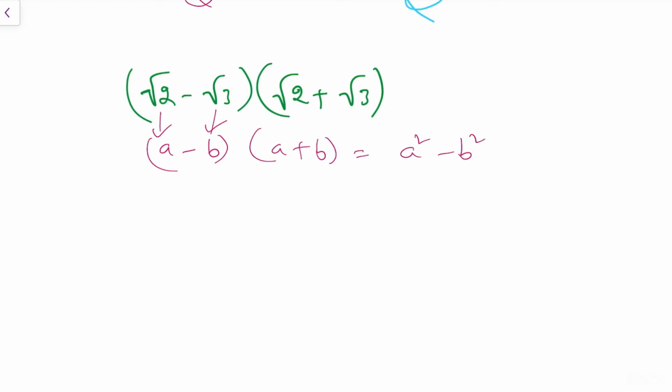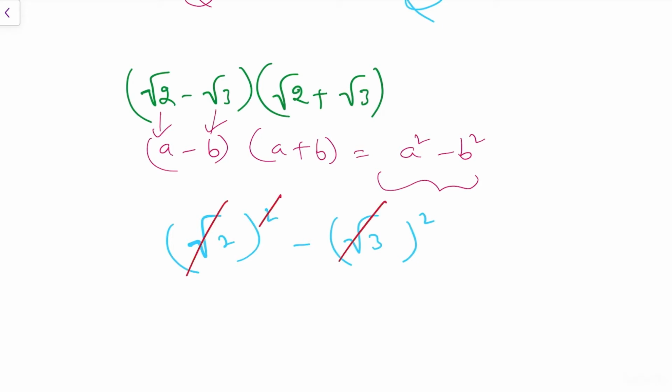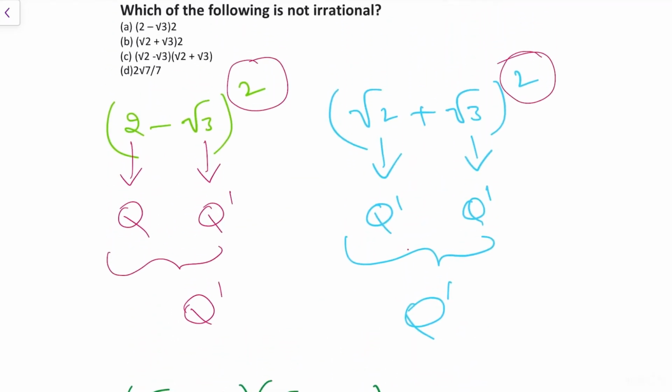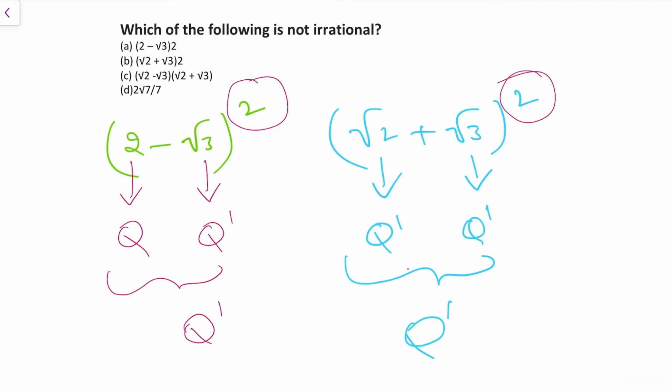So let us substitute those values in a square minus b square. A is root 2, so root 2 square, minus b is root 3, so root 3 square. Square root and square cancel, then we remain with 2 minus 3. 2 minus 3 is minus 1. Here minus 1 is a rational number, not an irrational number. So in the question he is asking which is not irrational, so definitely option C is the correct option.